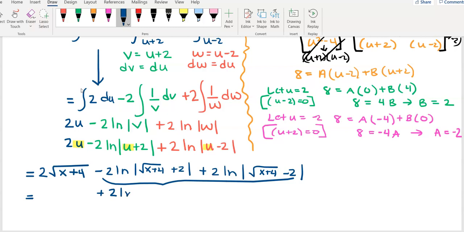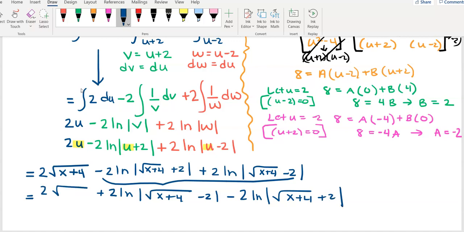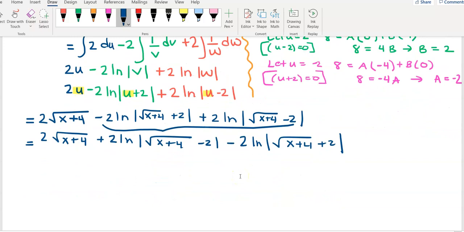So positive 2 ln of the absolute value of the square root of x plus 4 minus 2, and then minus 2 ln of the absolute value of the square root of x plus 4 plus 2. So if I did that, I think it makes it a little more clear that you can combine your ln's, your natural logs, using some of those natural log or logarithmic properties, okay?